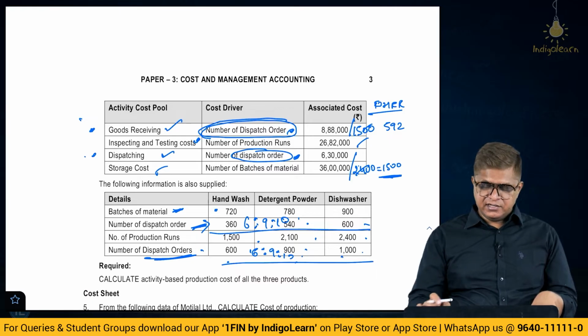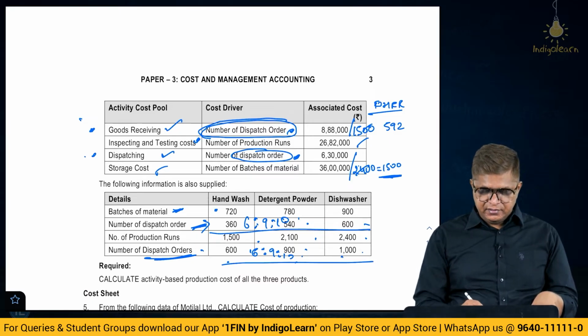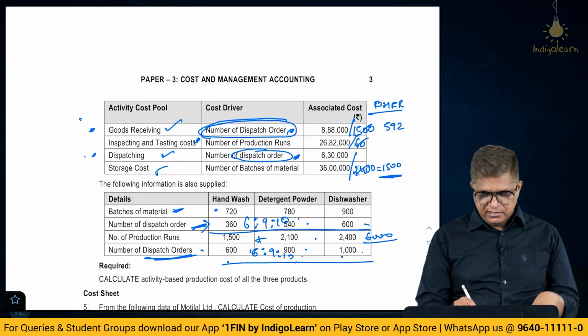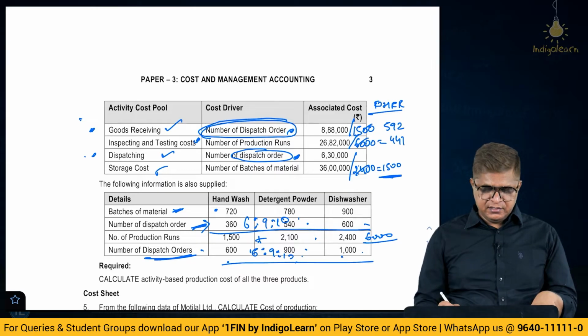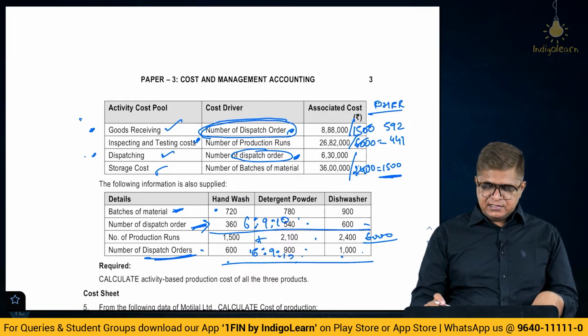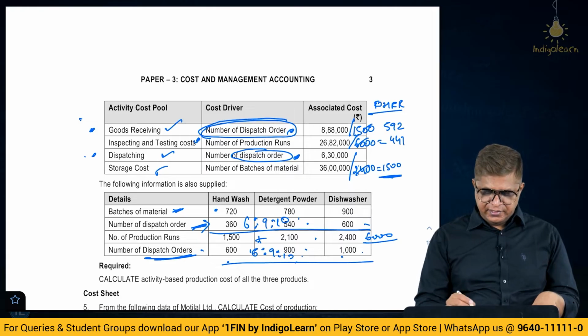Then the number of production runs, 1500 plus 2100 plus 2400, we get total as 6000. So divide the cost by 6000, we get 447. And lastly 600 plus 900 plus 1000, that is 2500.